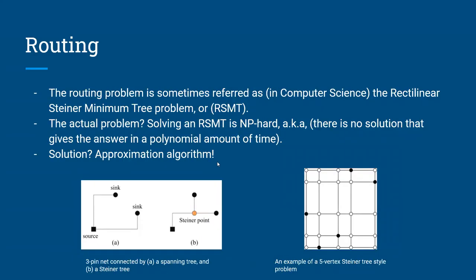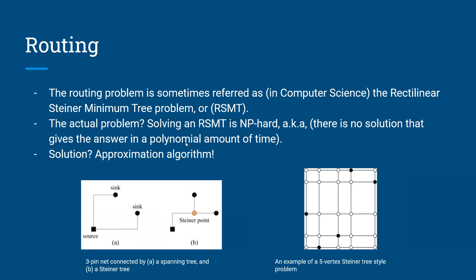So the routing problem is sometimes referred to in computer science as the rectilinear Steiner minimum tree problem, or RSMT. Well, actually, the problem is that solving an RSMT is NP-hard, where NP is non-polynomial, which means there is no solution that gives an answer in a polynomial amount of time.